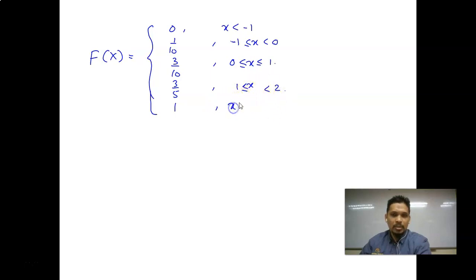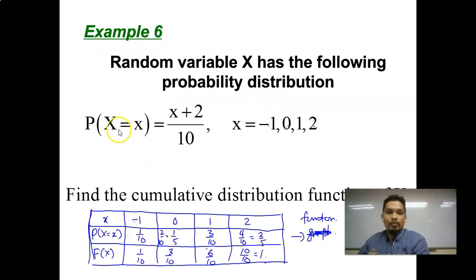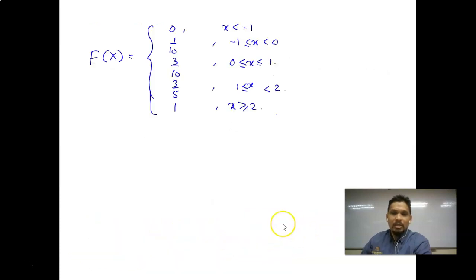And then this one is x greater than or equal to 2. Okay. So from this probability distribution function, we find the cumulative distribution function, the capital letter F of x, and then we transform it into the function and we get all this here.